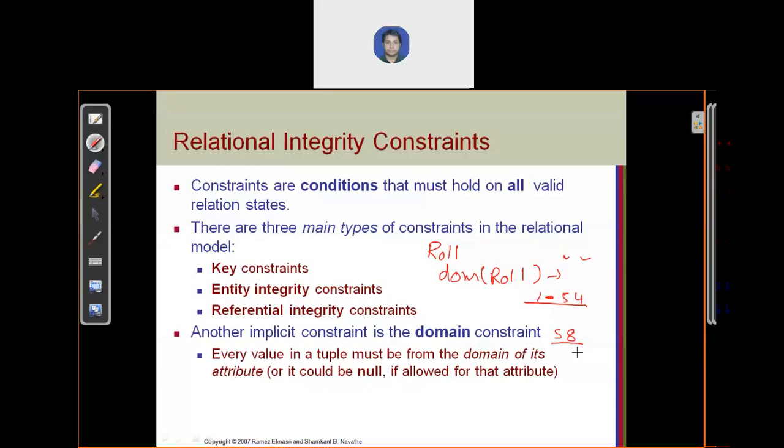Is it clear? Or suppose one student writes roll number ABC. Again, you will produce an error or show a warning: this is not a valid roll number.